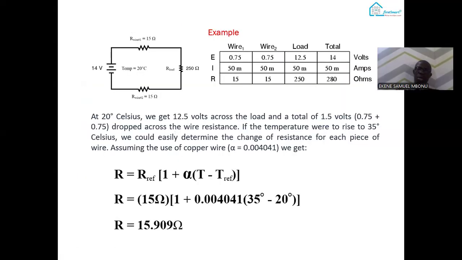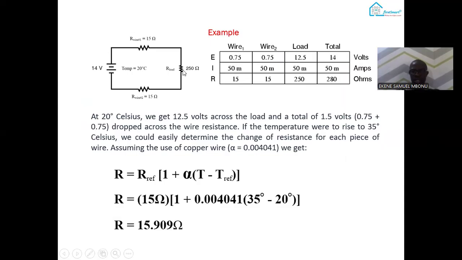This is a practical thing now. Look at this circuit. At this temperature, this is the value of this, this is the value of this, this is the value of this. If you use the formula we use to compute the voltage across each element, the total voltage there is 14.